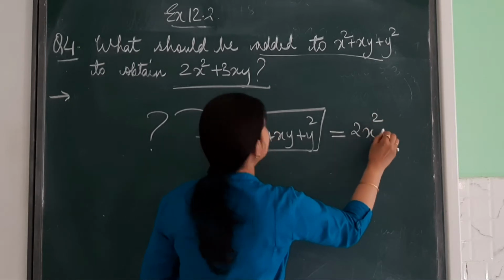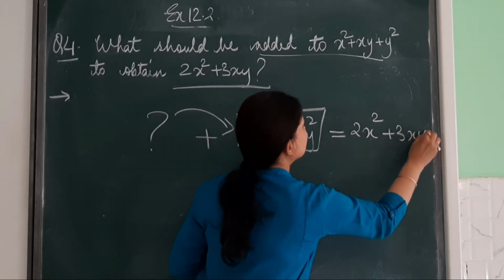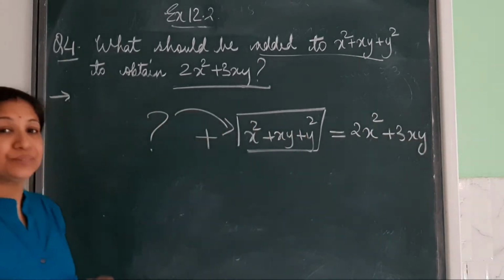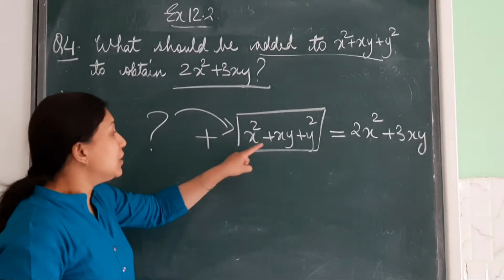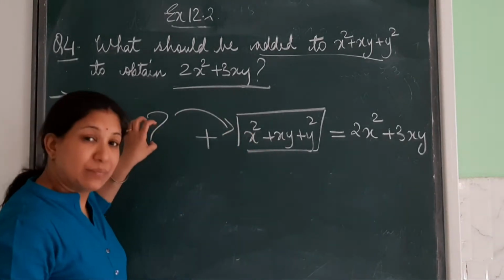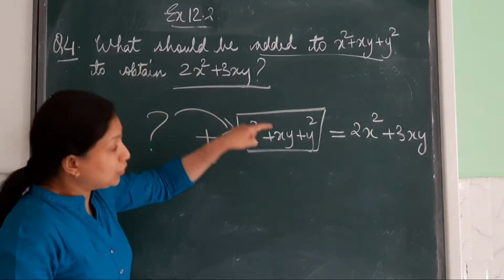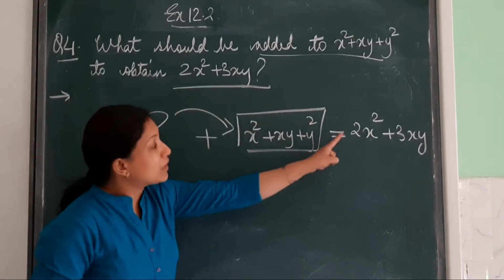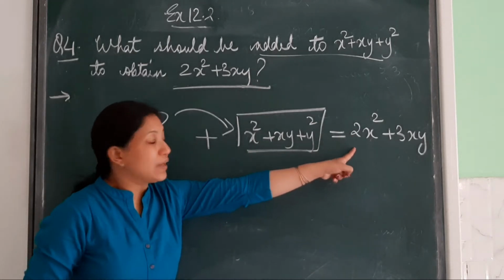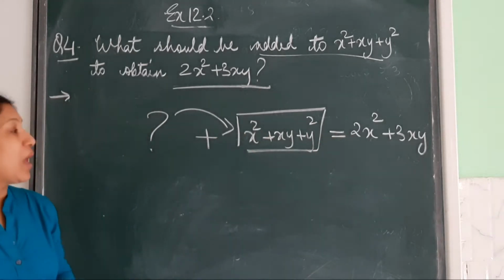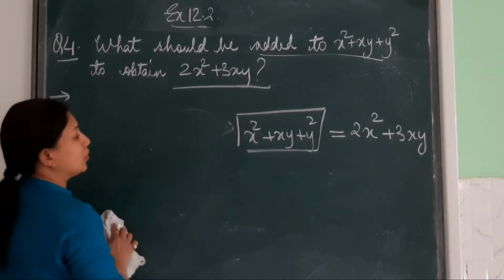What will be the result? 2x square plus 3xy. Here they are asking, if you add some number to this expression, what is that number? If you add it, you will get the result as 2x square plus 3xy. I hope you have understood what the question is.